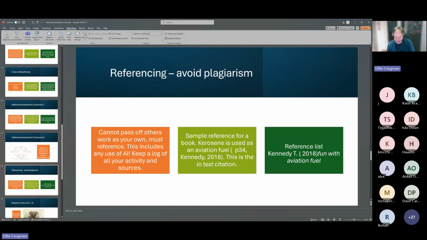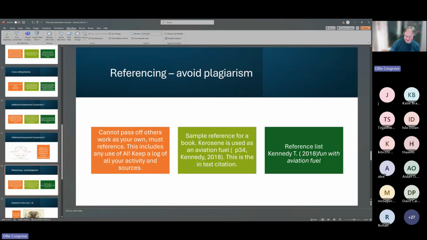But just to make writing the report easier at the end, I would keep a reasonably detailed log, a document of what you did and why, and most importantly, the sources, the references.